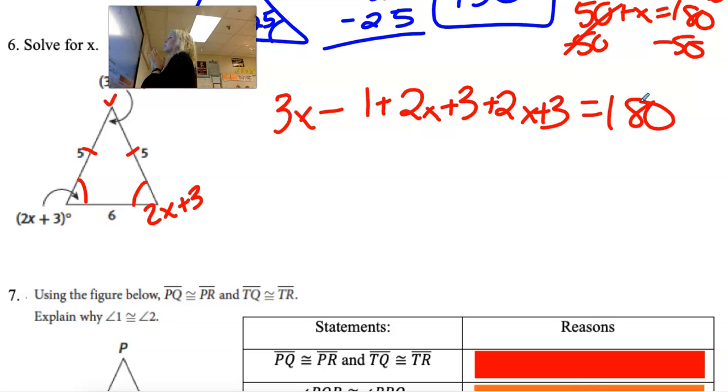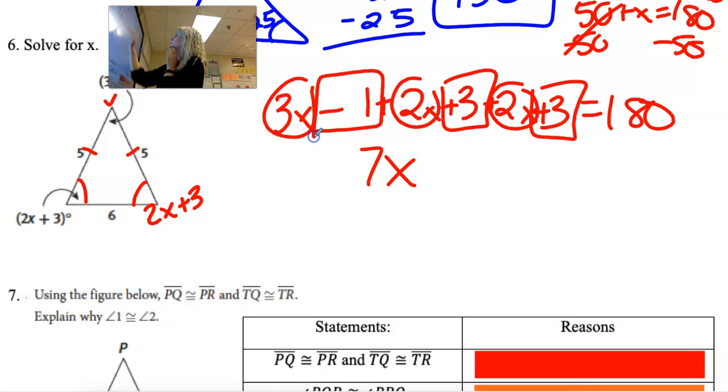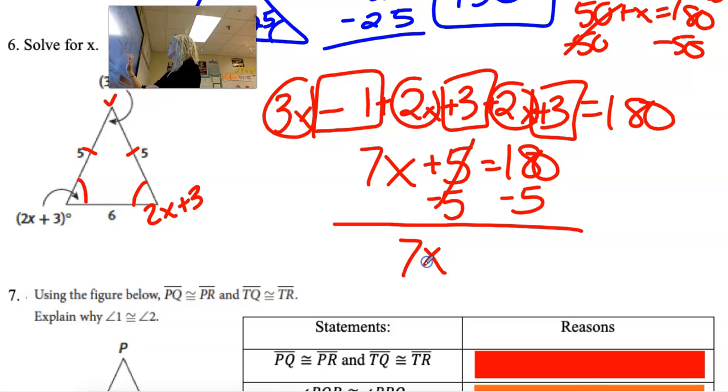I'm going to add like terms now. So 3x, 2x, and 2x, 3, 4, 5, 6, 7x. 3 and a 3 is 6, minus a 1 is going to be 5. So combining your like terms, I'm going to subtract 5 now. 7x equals 175.